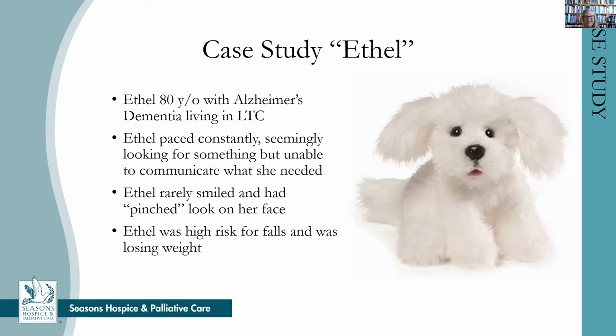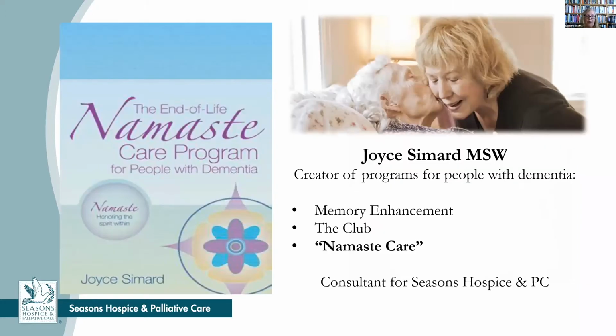And the next thing we knew, she fell asleep for about 30 minutes. So it gave this resident a total of 60 minutes. I wish it was 60 hours, 60 minutes of peace, as well as the staff from her wandering around the community. And this is the Namaste approach to care.